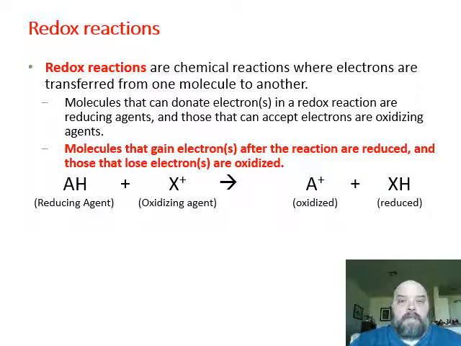So you look at, up here, this equation. AH plus X will yield A plus XH. A gave up the hydrogen, X accepted the hydrogen. Pass the potato, pass the electron, pass the hydrogen.